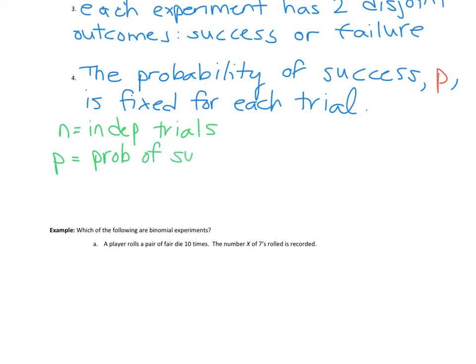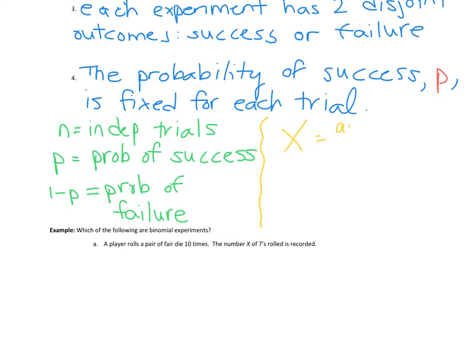Since there are only 2 outcomes, the complement, 1 minus p, is going to be the probability of failure, based on the nature of our binomial experiments. And again, this is still a discrete random variable. So x is going to be the count of the number of successes.